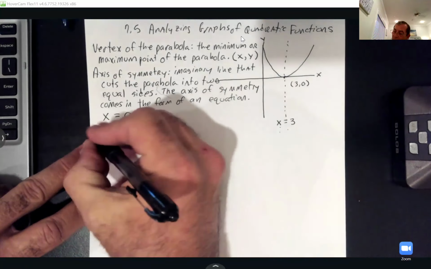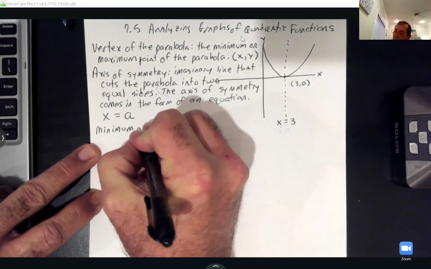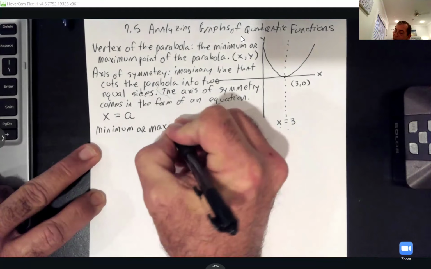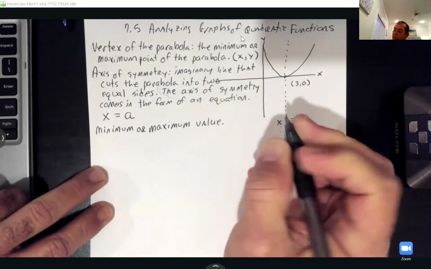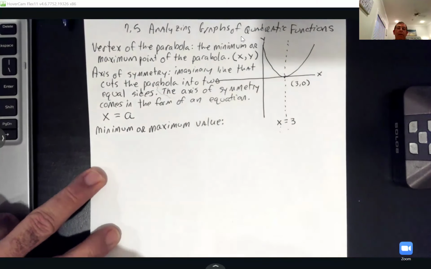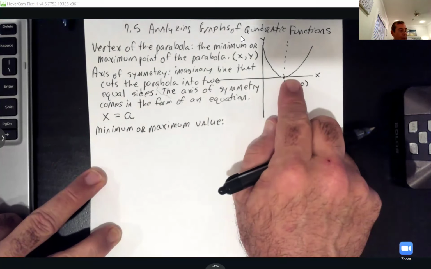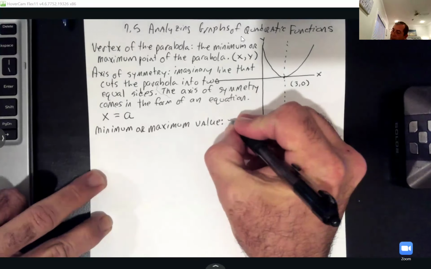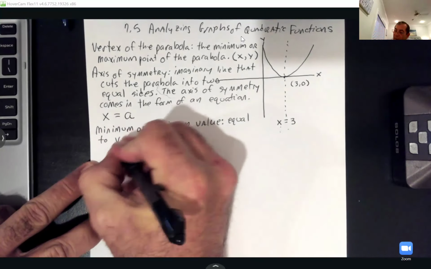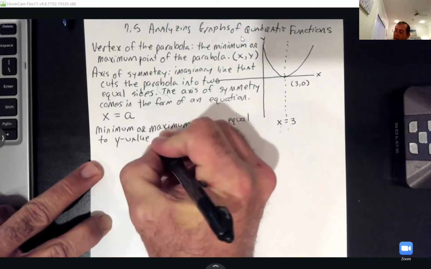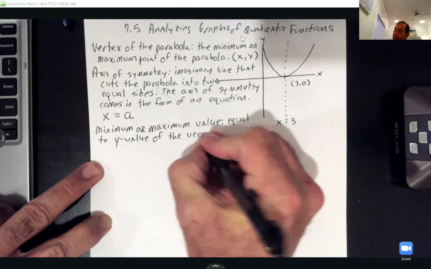This parabola also gives me a minimum or maximum value. So it's going to determine the minimum or maximum value of the parabola. And y'all, that is equal to the y value of the vertex.